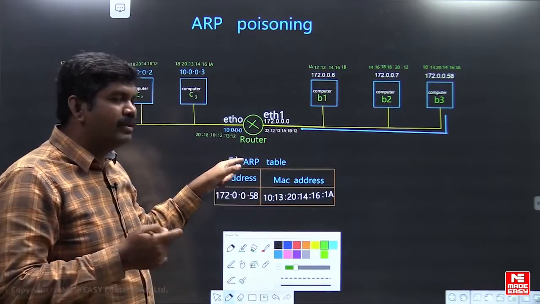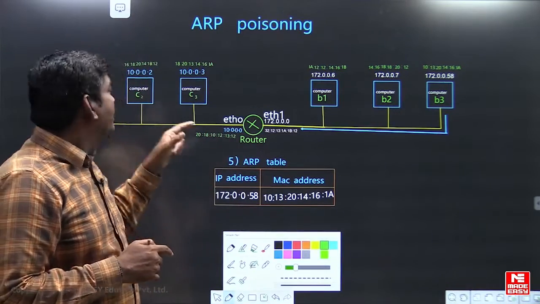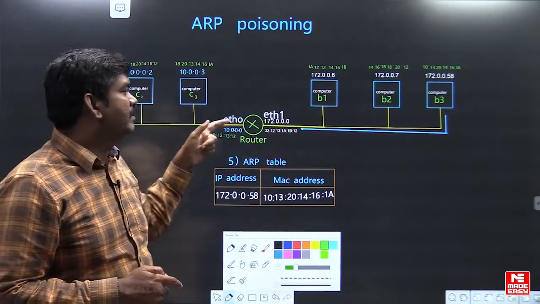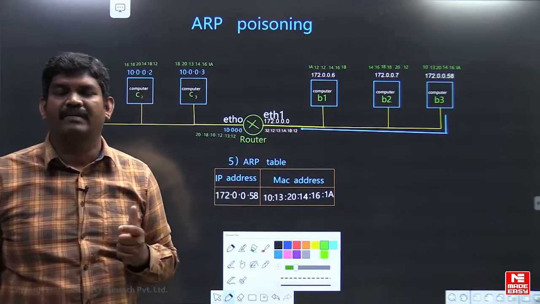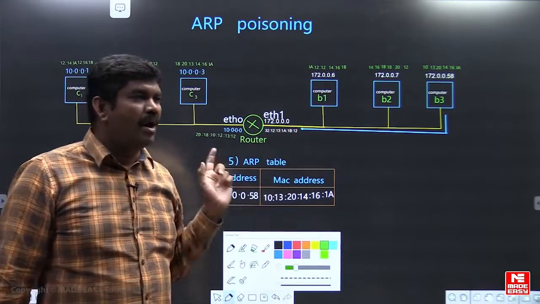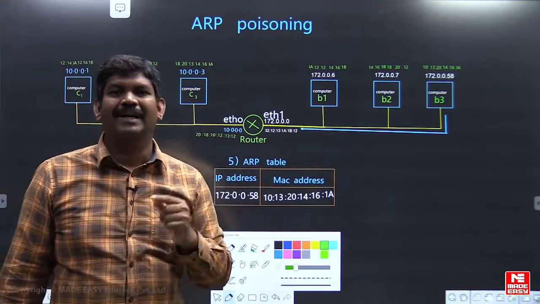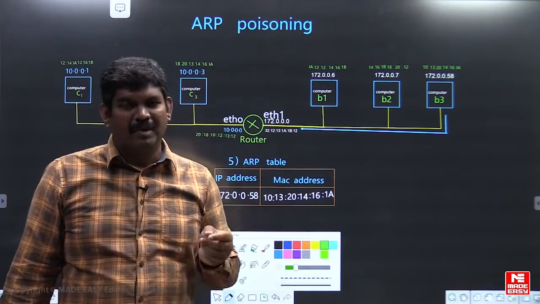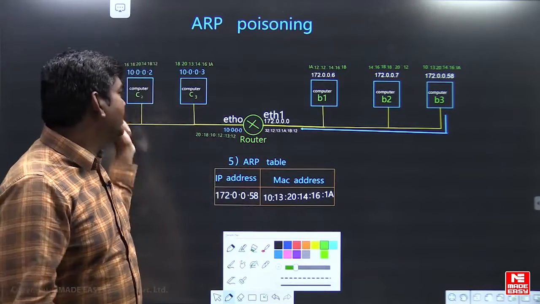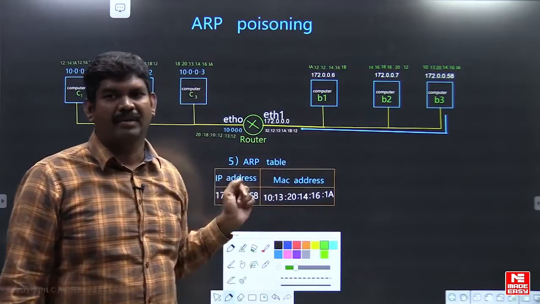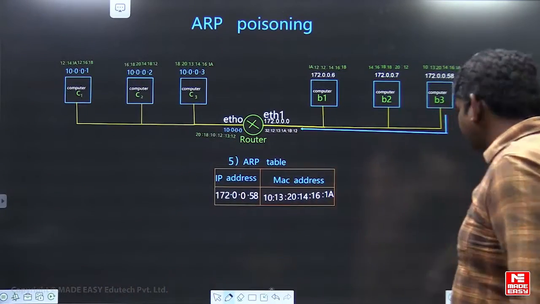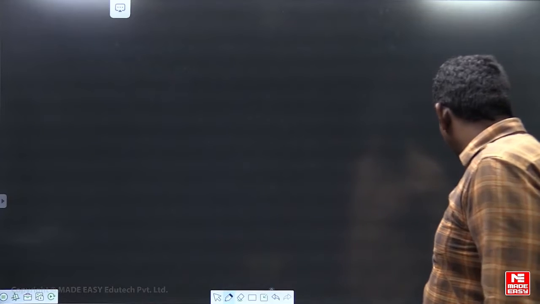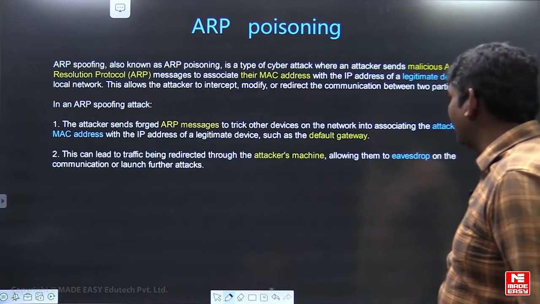So this hacker will use his MAC address and communicate by taking the legitimate IP. Okay. So such type of attack we can call the man in the middle attack, or you can also call this the ARP poisoning attack, because ARP works only in local networks. Now, if I give a visualized representation, you will have a clear idea.